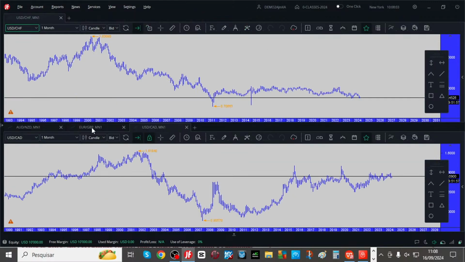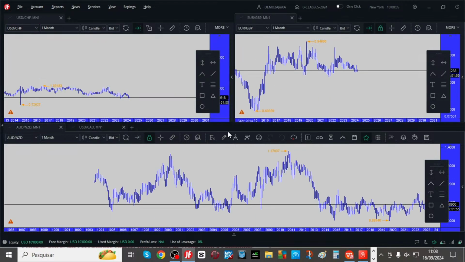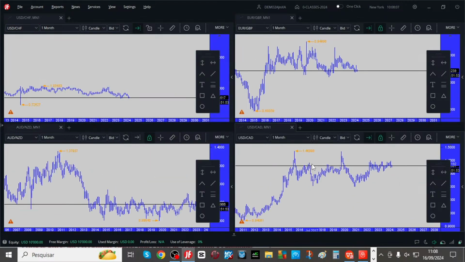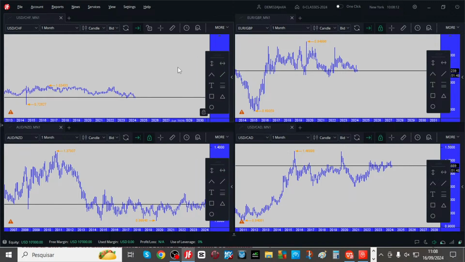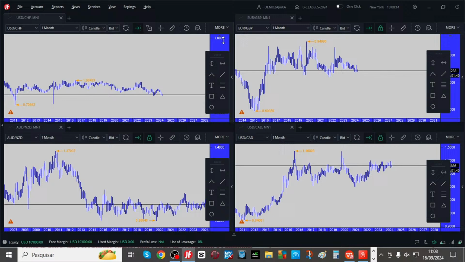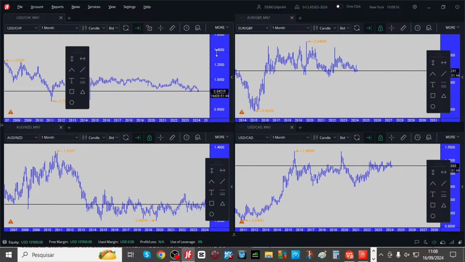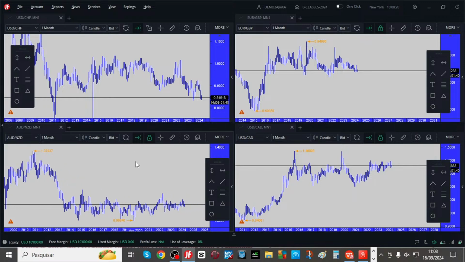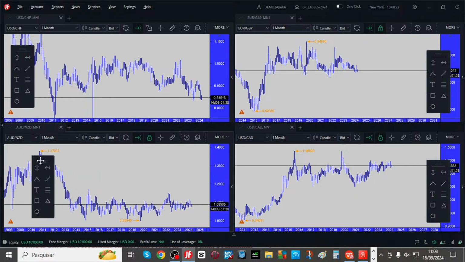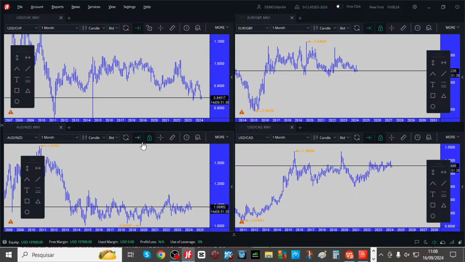Everybody, if I arrange my charts like this, what can you see from the charts? Do those 4 pairs have anything in common? Look at the 4 charts, everybody.